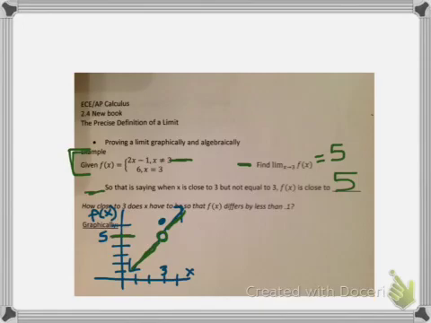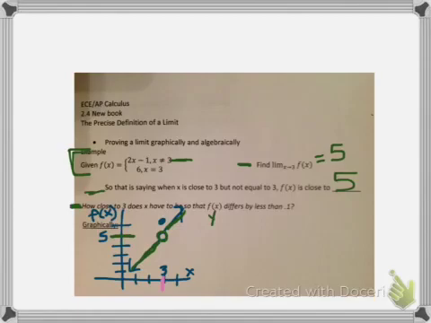Now the question is, how close to 3 does x have to be so that f of x, which just means the y value, differs by less than 0.1? Graphically, how close to 3, here's 3, do I have to be on the left and the right so that the y value differs by less than 0.1 from the 5?